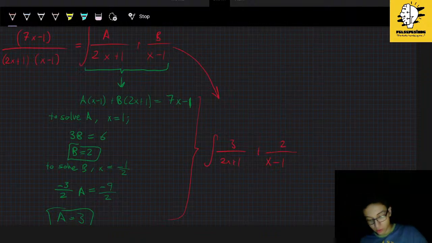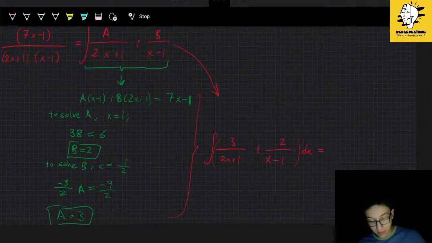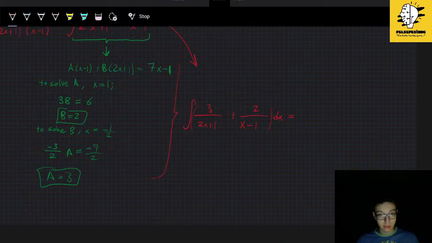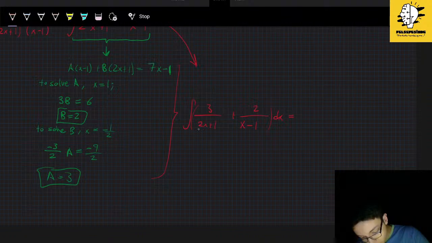Yep. So let's put dx over here, and now integrate. I will use the identities that were stated by Ege. I know that 3 over 2x plus 1 is the ln part. If I take ln of the absolute value of 2x plus 1, and integrate this, wouldn't it be 2 over 2x plus 1?